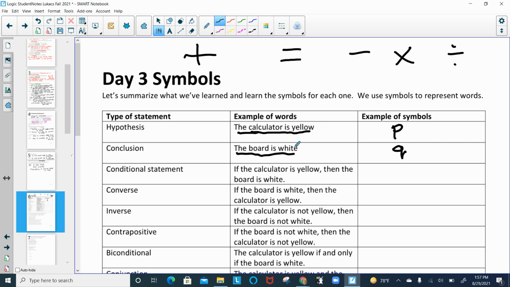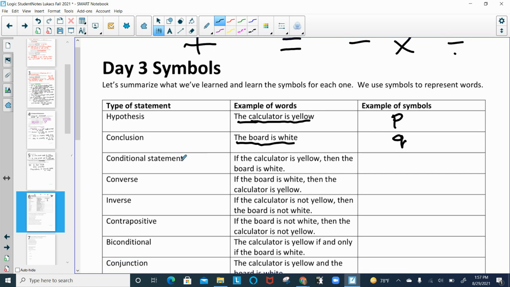Now, let's go back to day 1 and talk about conditional statements. If we have an if and a then, we use an arrow that points to the right. So that refers to the fact that we have an if-then statement. In this particular example, we have an if and a then, so we're going to need the arrow pointing to the right.